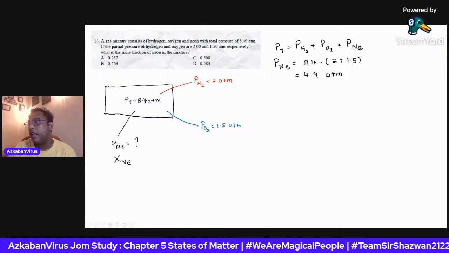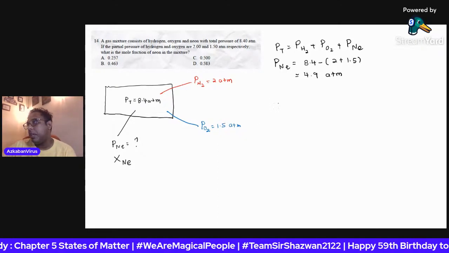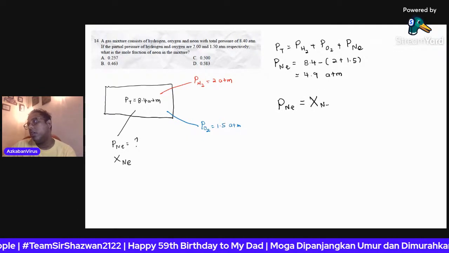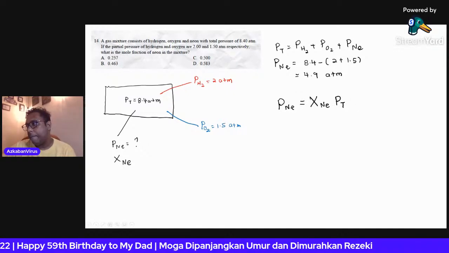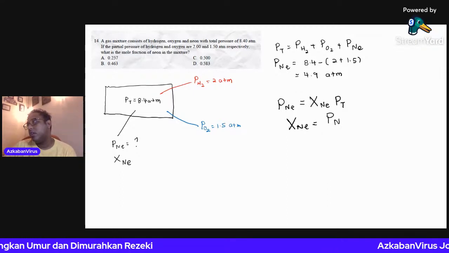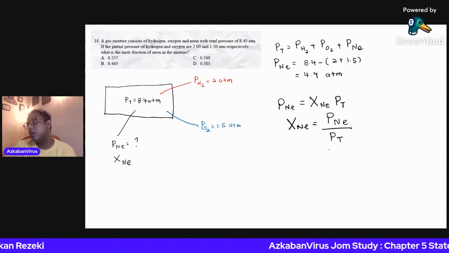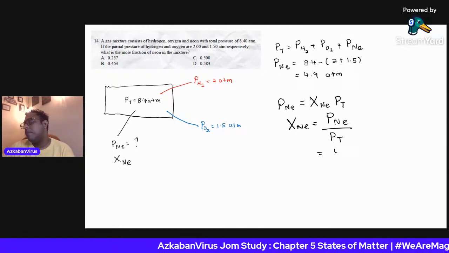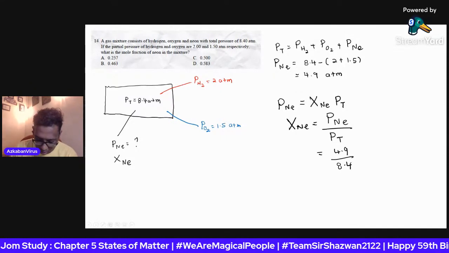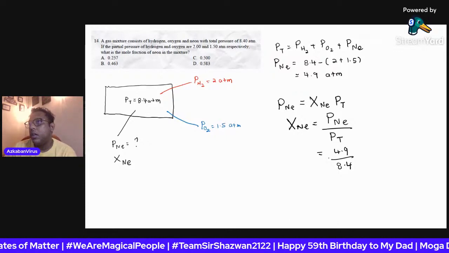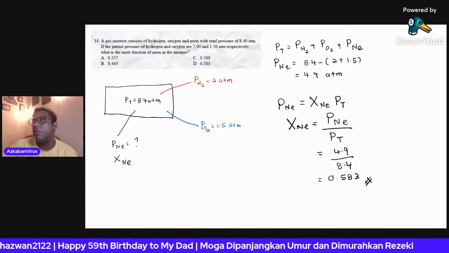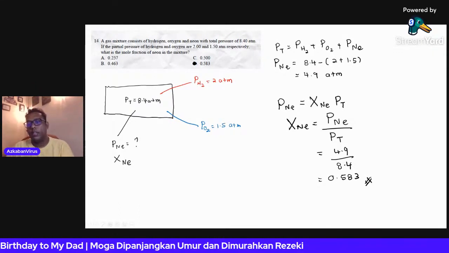Dia minta mole fraction kan? So we know that P neon is equal to mole fraction of neon darab dengan P total. So mole fraction of neon is equal to P neon bahagi P total, sama dengan 4.9 divided by 8.4. This is equal to 0.583. Jawapan dia adalah D.